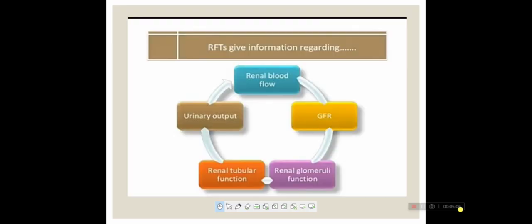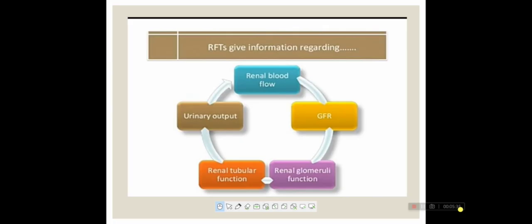RFTs give us information regarding the renal blood flow, whether the blood flow to the kidneys is proper or not. The GFR, which is the glomerular filtration rate, we'll be discussing. The renal glomeruli function, whether the glomerulus in the kidney is performing its function well or not. The renal tubular function, whether the tubules in the kidneys are functioning well and filtering the blood properly or not.